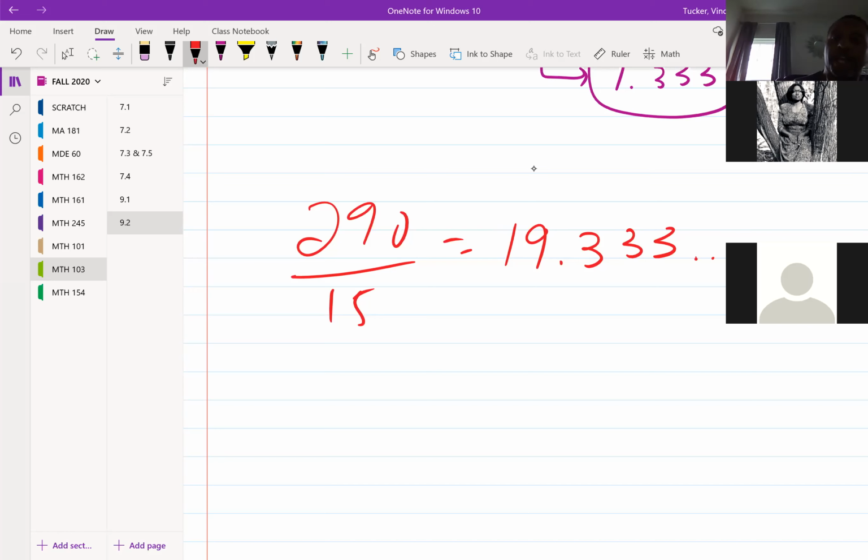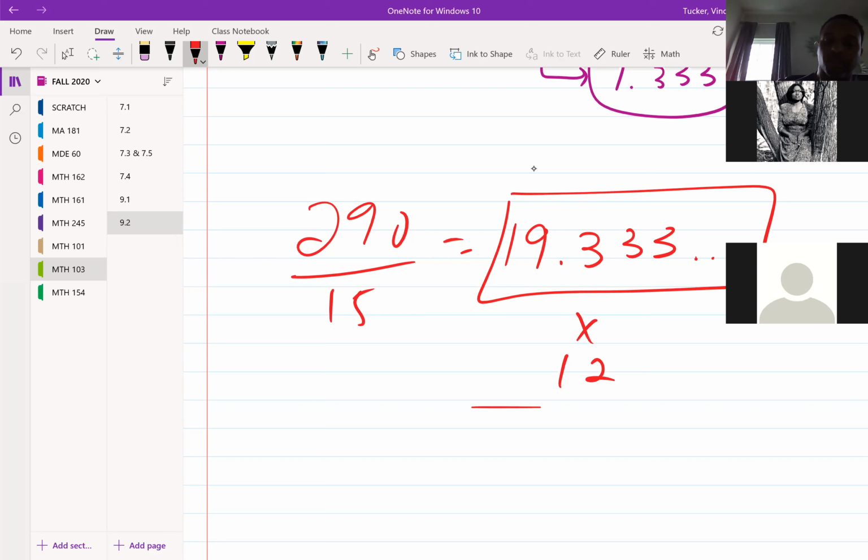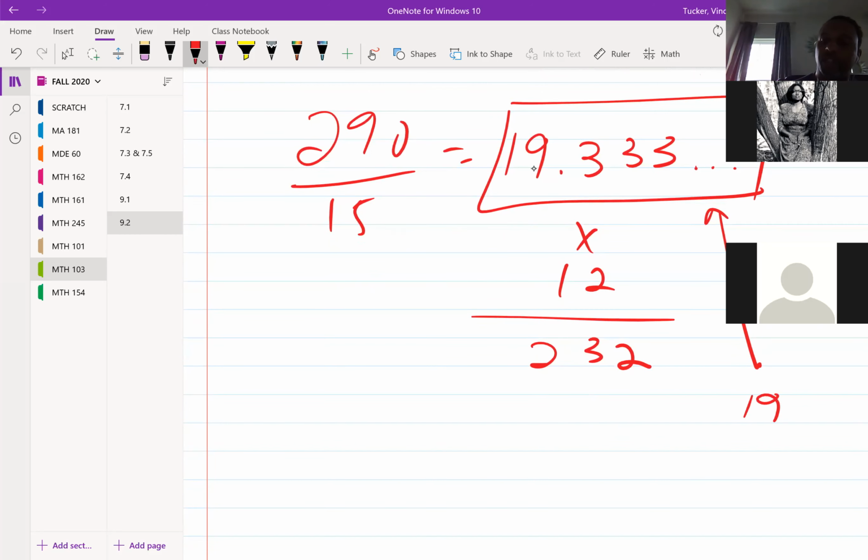So now, if you leave it in the calculator like that, not moving from this screen, and just multiply it times 12, you will get your 232. But if you do 19.3 times 12, you're going to get 231.6.